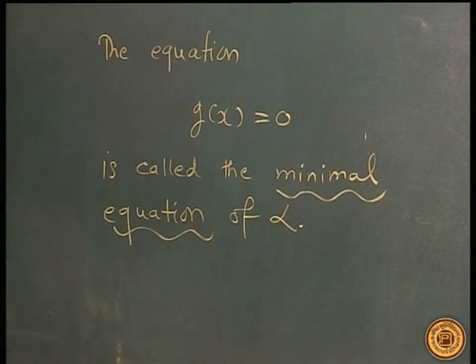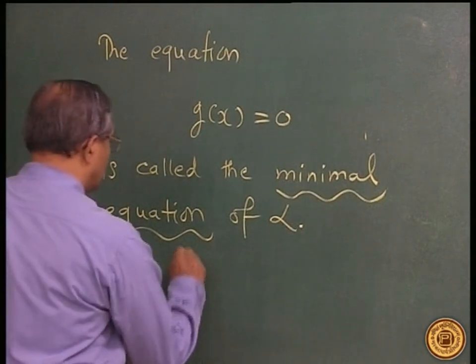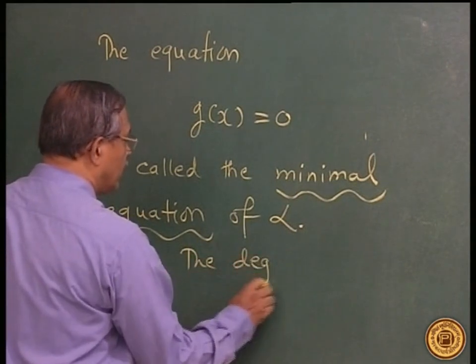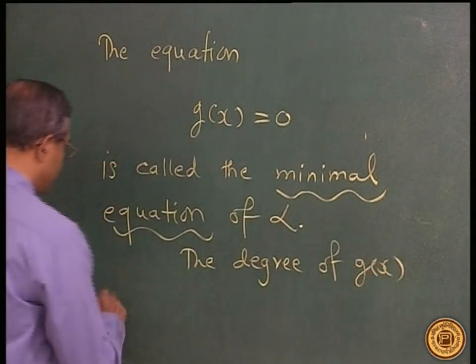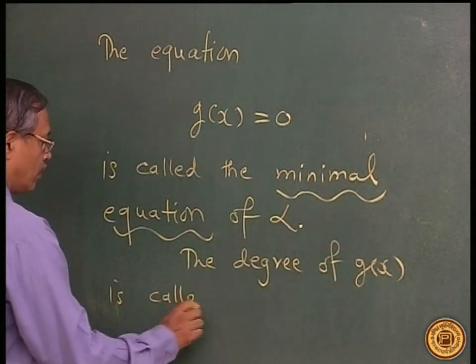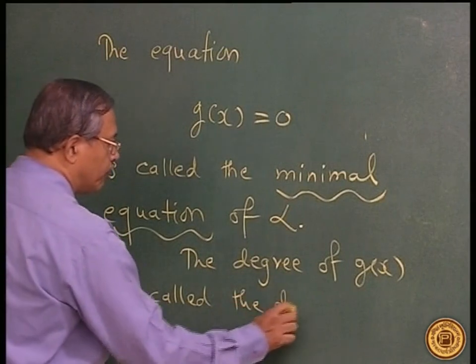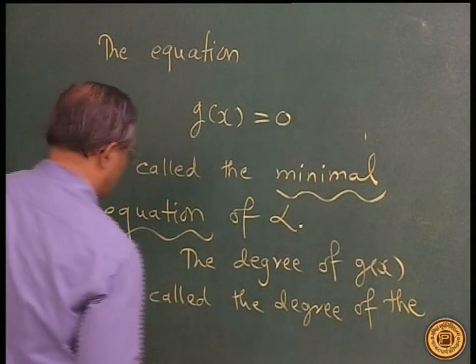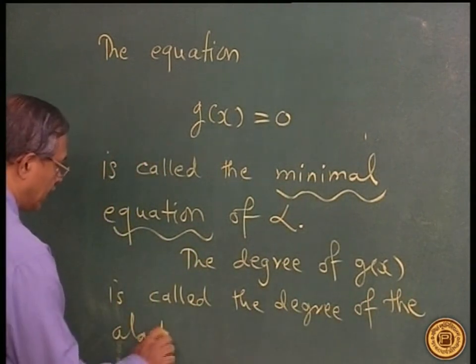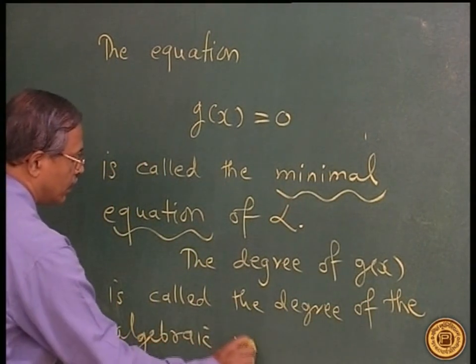It's monic. Now, this Gx is uniquely determined and its degree is called the degree of the algebraic number alpha. The degree of Gx is called the degree of the algebraic number.